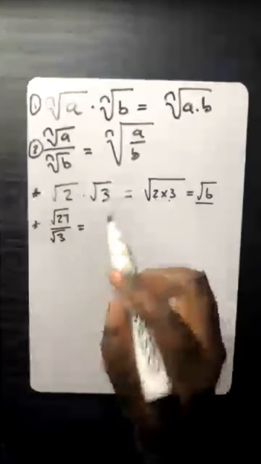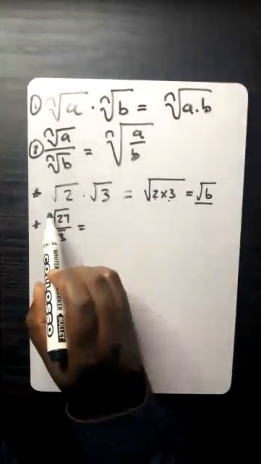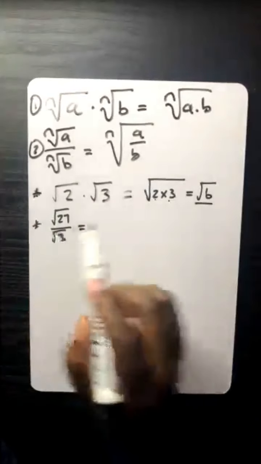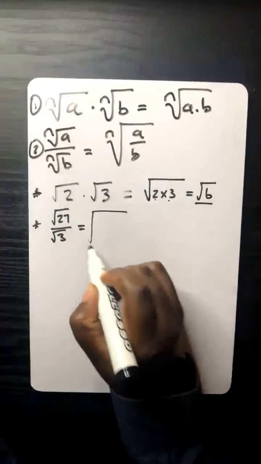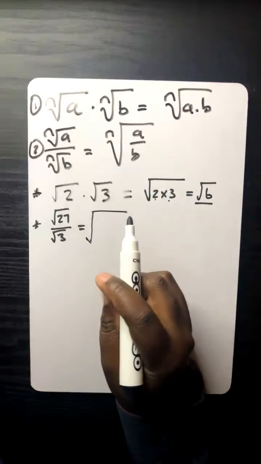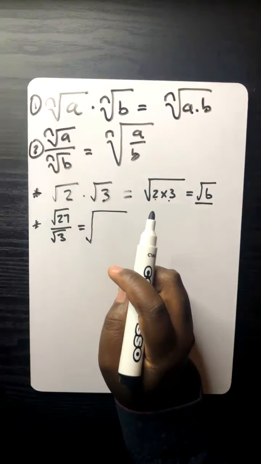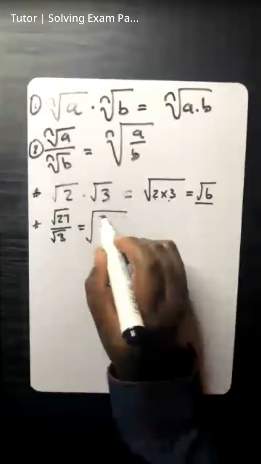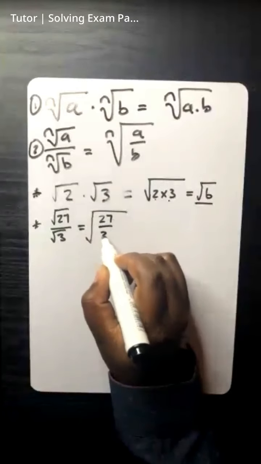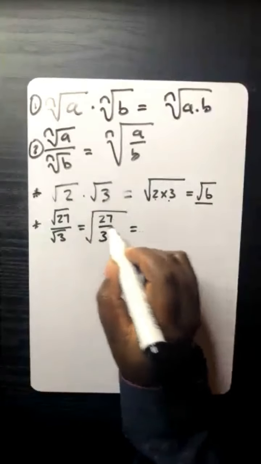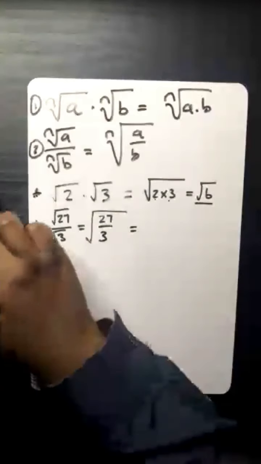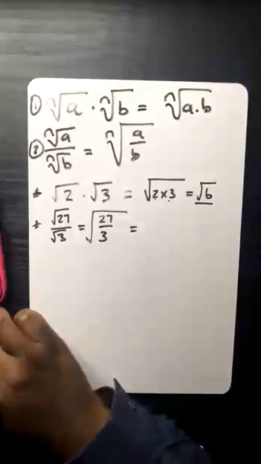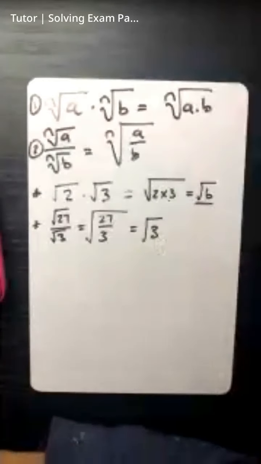So which means we've got invisible 2 over there, we've got invisible 2 over there. We'll still do it the same way. That means this is the same as square root of 27 over 3. So what is 27 divided by 3? 3, sir. So that means we've got square root of 3.